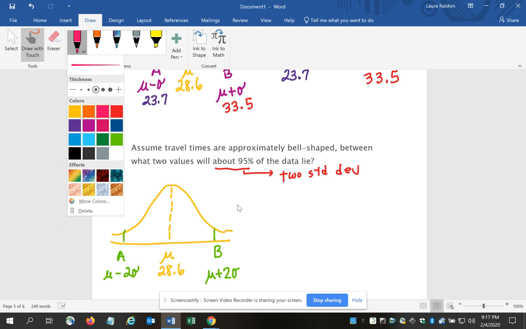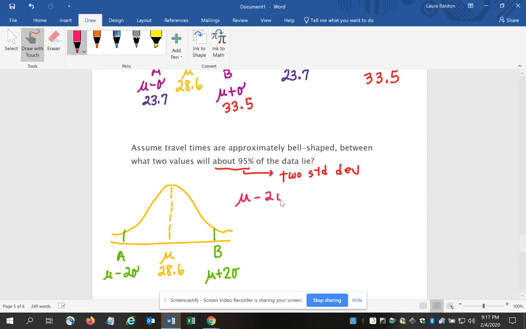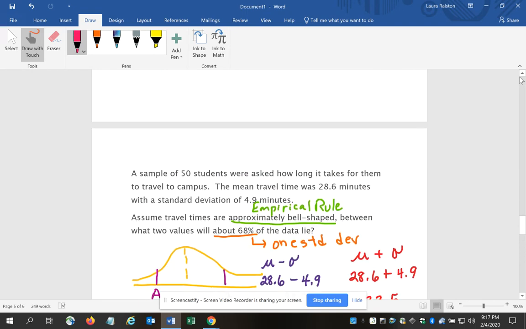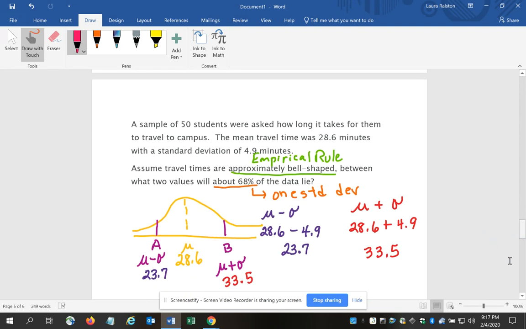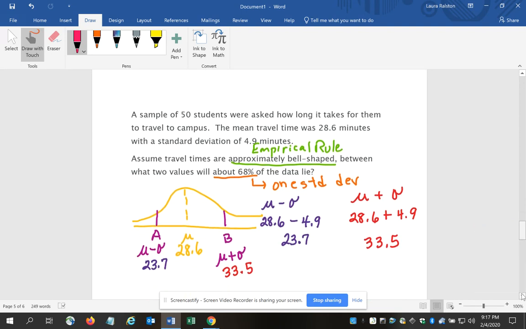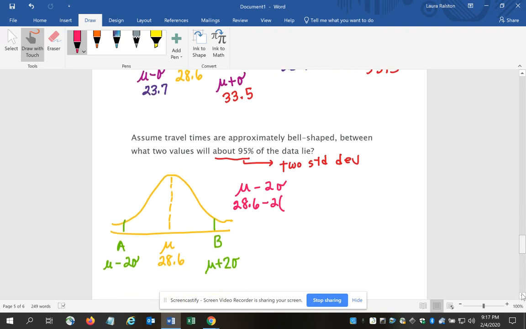So using the two formulas, you have the mean minus 2 standard deviations. The mean is 28.6 and 2 times the standard deviation, which is 4.9. You guys have to be careful because you do have to follow order of operations here.